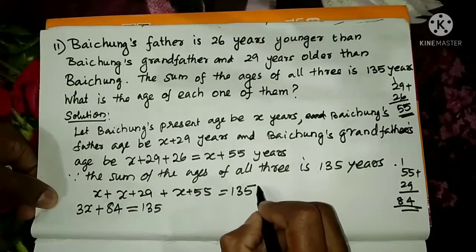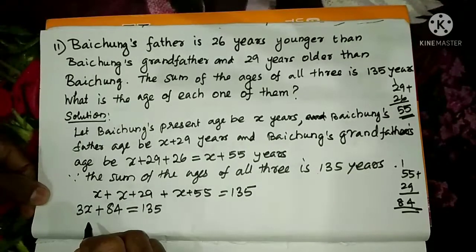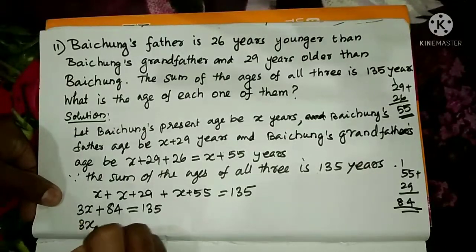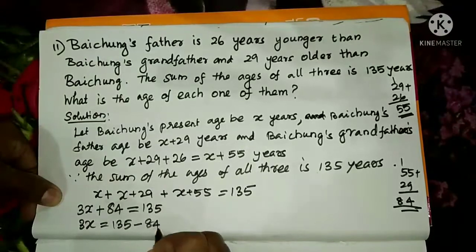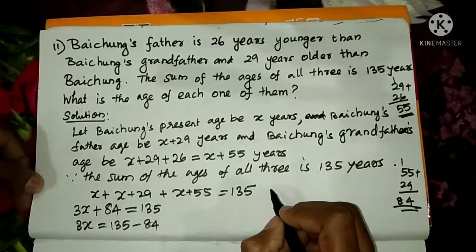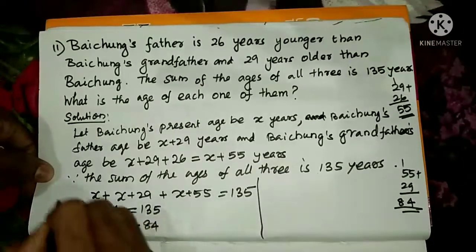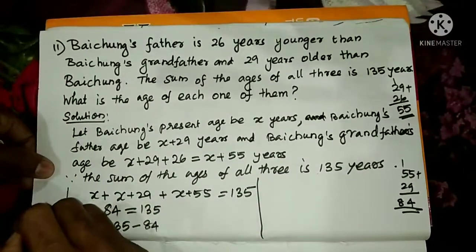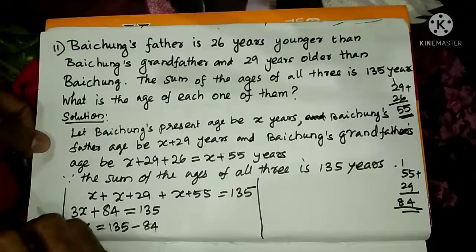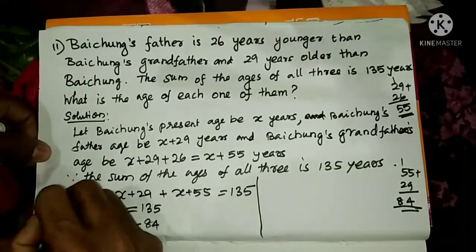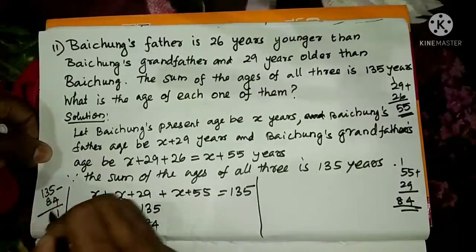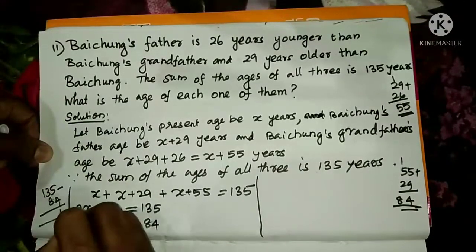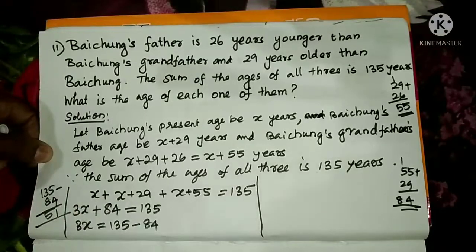Now we can send this 84 to the right side. So 3x is equal to 135 minus 84. Then we can do the subtraction here. So 135 minus 84, we can borrow here, so we'll get 51.